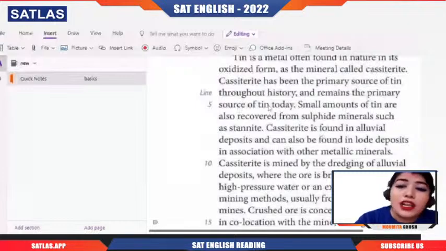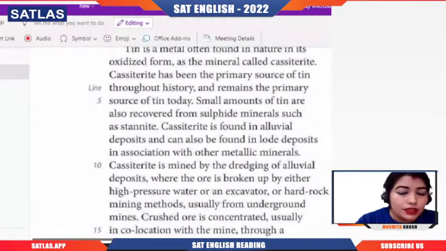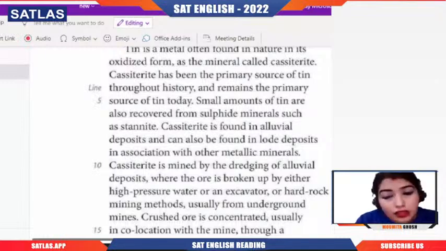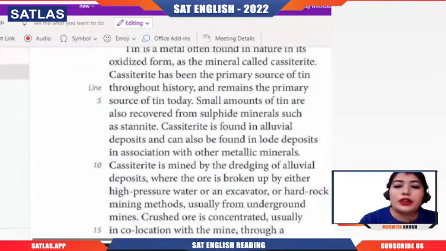Small amounts of tin are also recovered from sulfide minerals such as stannite. Cassiterite is found in alluvial deposits. Everyone is aware of the alluvial soil. So in the alluvial deposits, you might know that in mines very deep down the earth's surface, our ancestors or others who used to work in mines have found or discovered this type of metals, obviously under the ground.